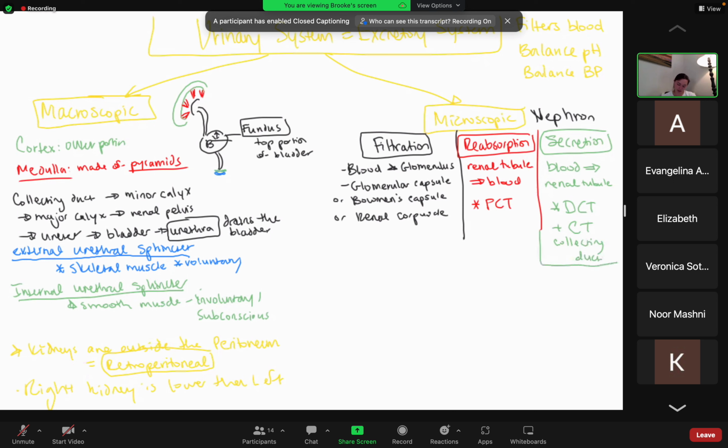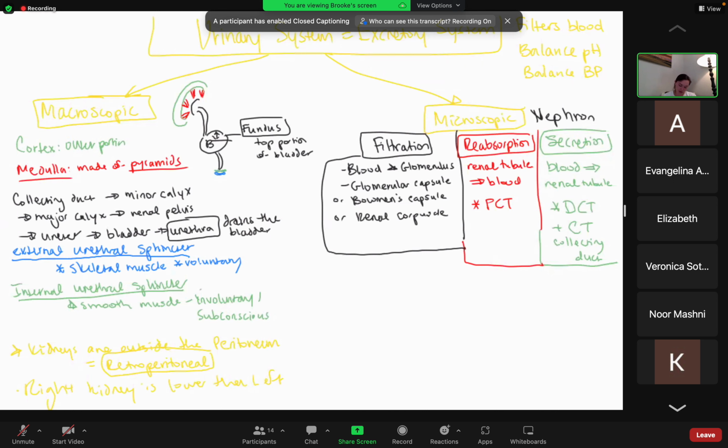Okay, so that's like your little, I guess, outline overview. And then obviously we were going to draw a picture. So essentially this is just saying blood is filtered out. Blood is filtered through, blood moves through. After blood gets filtered, we get urine. So the end result here after filtration, reabsorption, and secretion is urine. But when we go through filtration, that's not urine yet.